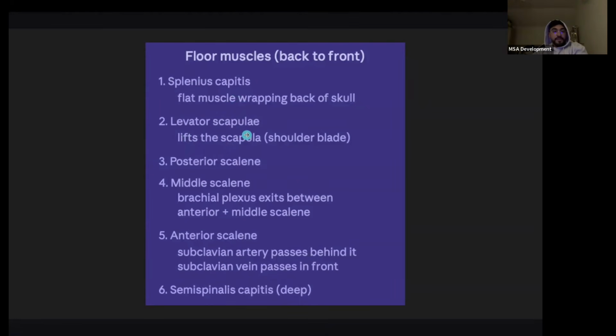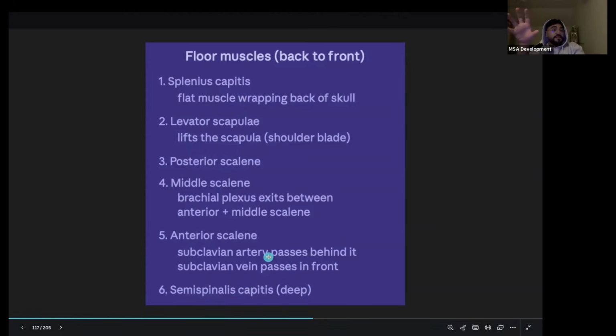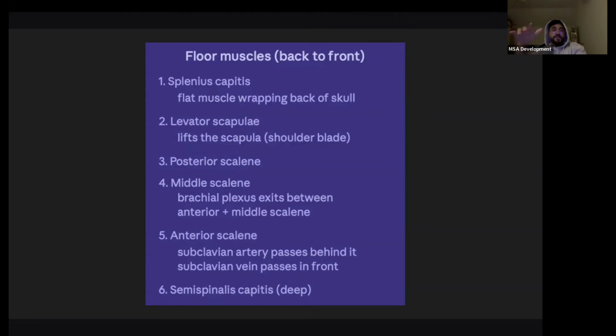Then the levator scapulae, the posterior scalene, middle scalene, anterior scalene, and the semispinalis capitis, okay? It's part of your objectives. I've honestly never met a question that talks about this. So it's a bit low yield, I think, but I just put it here for the sake of completion.